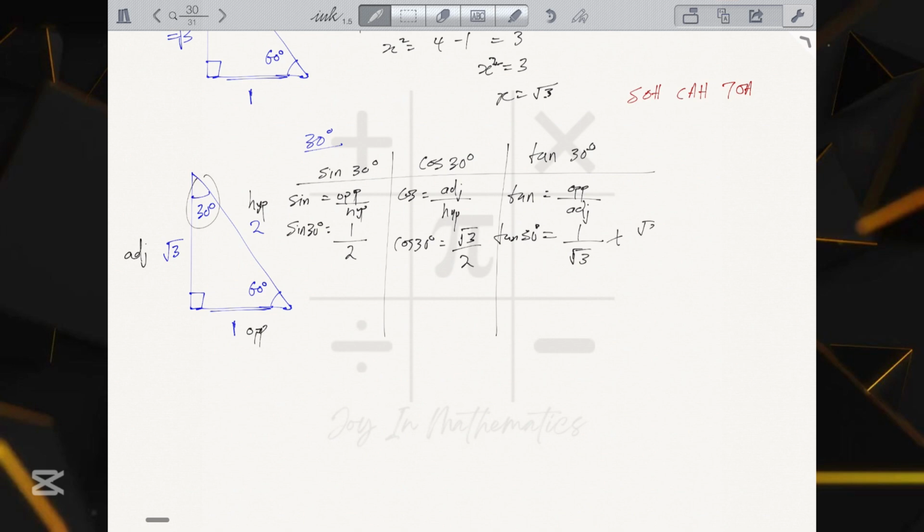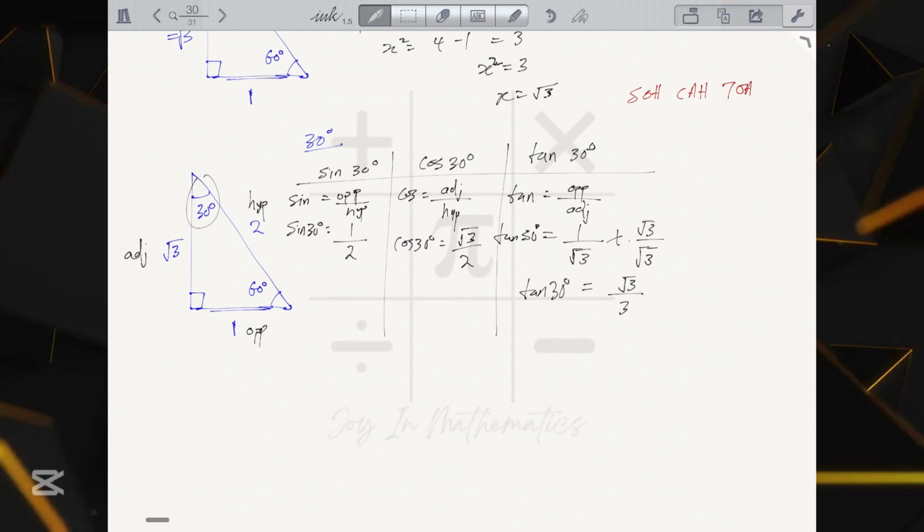So we multiply the numerator and denominator by the denominator. Remember to take a look at surds, which is what we dealt with on rationalizing the denominator. So simplifying this, we'll have that our tan 30 degrees is equal to root 3 divided by 3.